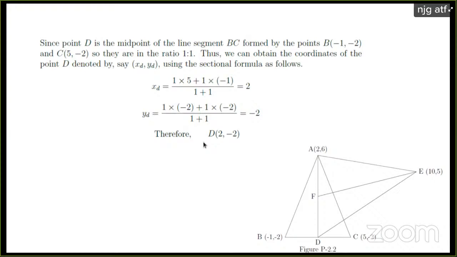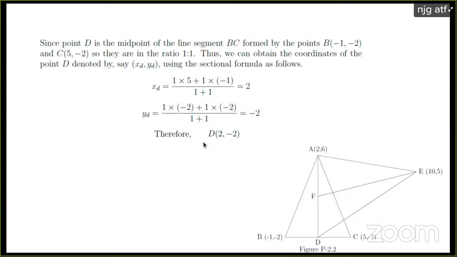This is the x coordinate of the point D. In the same way, the y coordinate is 1 times -2 plus 1 times -2 by 1 plus 1, which eventually gives you -2. Therefore you get the point D as 2 comma -2.